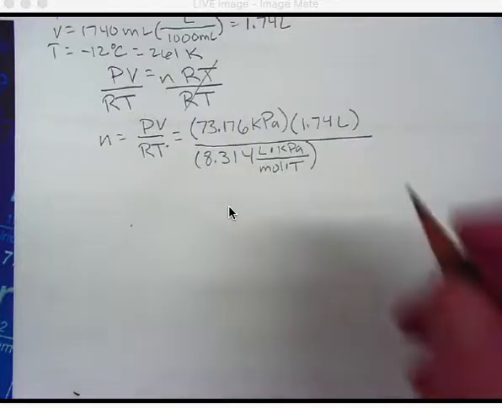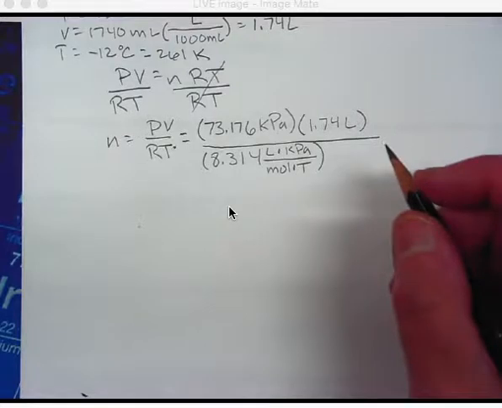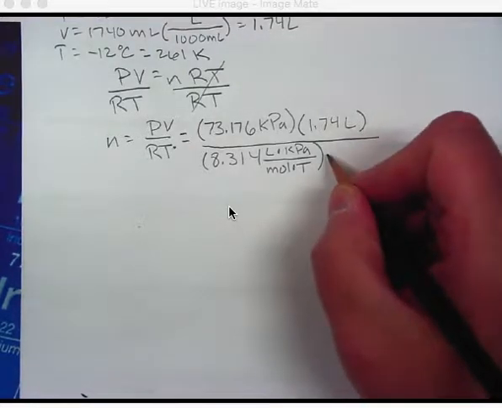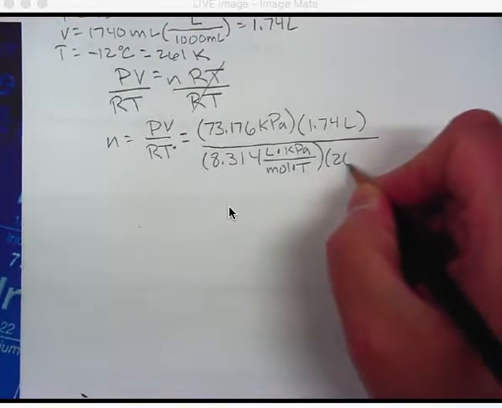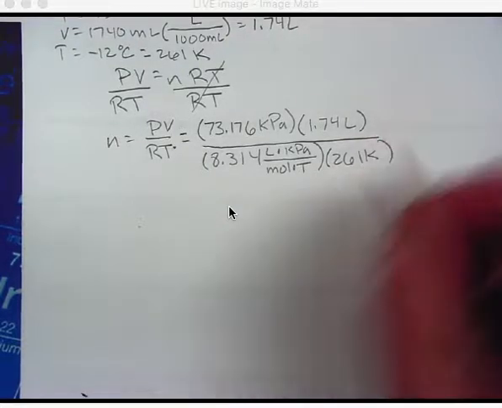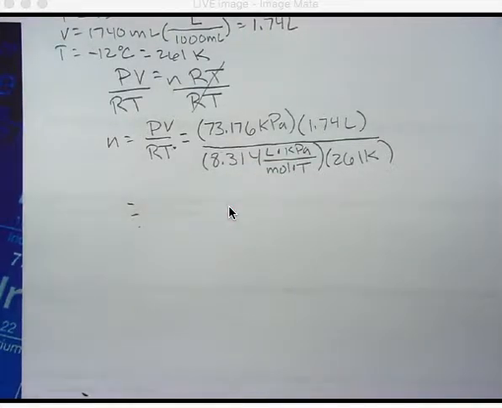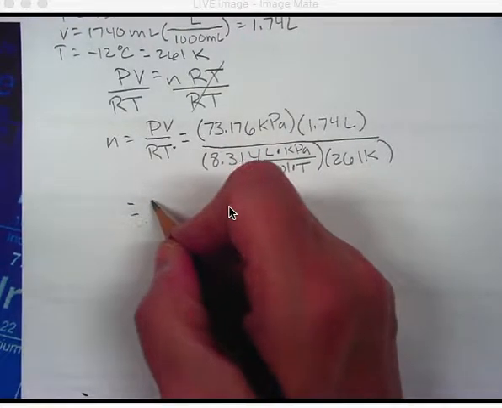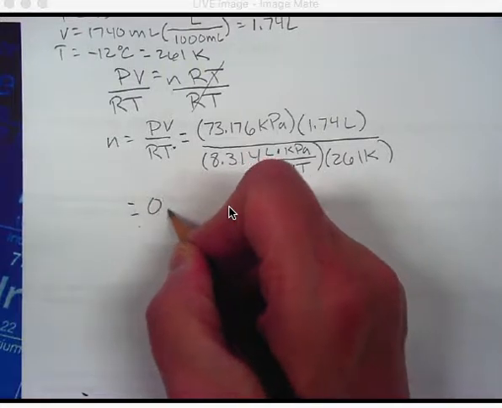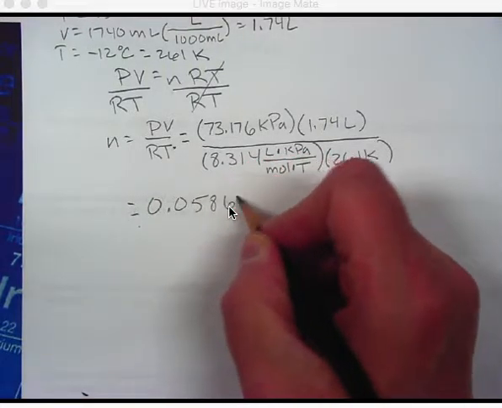And then the temperature for this problem is 261 Kelvin. When you put all that in your calculator, you would get 0.05867 moles.